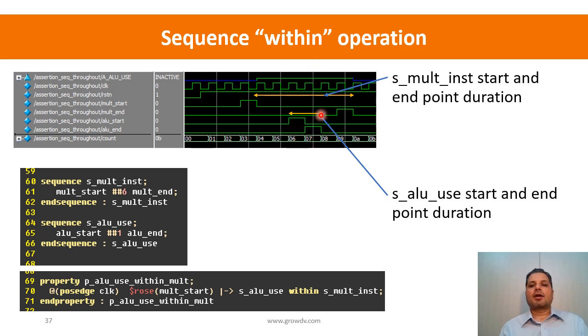So the short arrow is the duration of the ALU use sequence, whereas this long arrow is the duration of the mult instruction. And as you can see, the start point is later than the start point, and the match point is before the match point of the other sequence. So this ALU use sequence is within the mult instruction sequence, and hence this particular property holds and ends at this point. So that is how the within operator works.